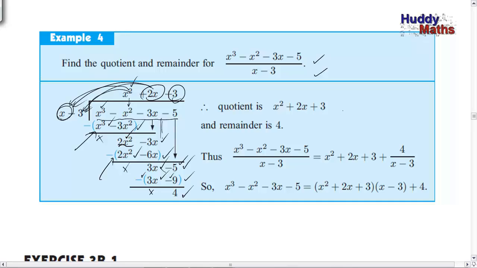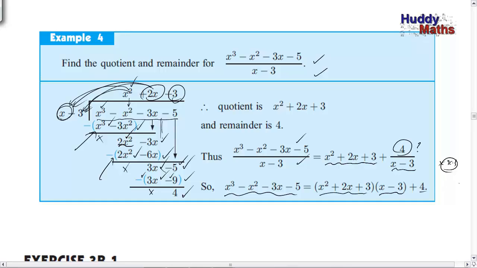So we've just shown that when you divide these two, it goes that many times and then it ends up with this number, which is not divisible by an x take 3. It hasn't got an x in it up there. Or you can multiply everything by x take 3 and say, well, we recognise the original polynomial is this many lots of x take 3 plus 4.